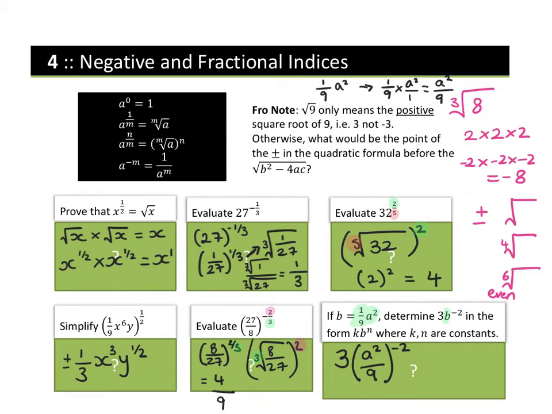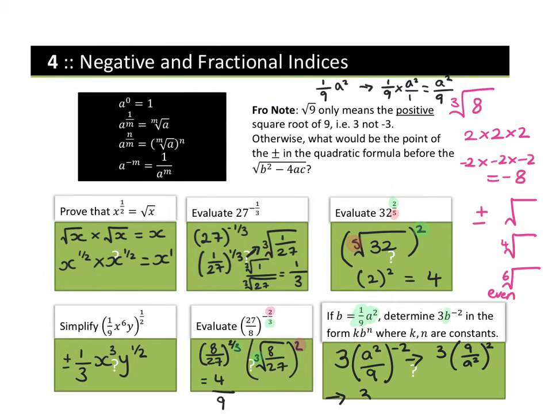Now, to get rid of the minus, I have to do the reciprocal. So that's going to give me 3 lots of 9 over a squared to the power of 2. Then I'm going to square inside the bracket first before I multiply anything by 3.